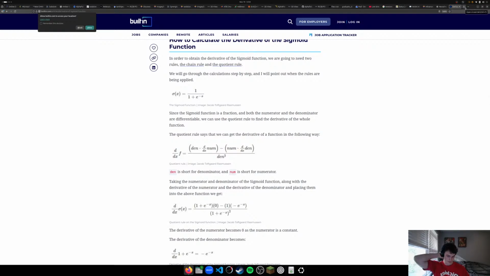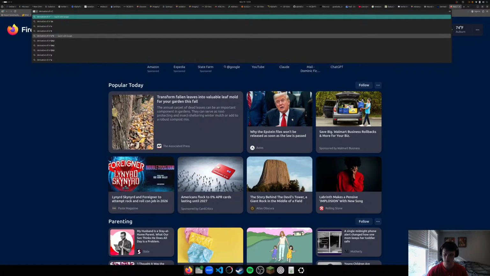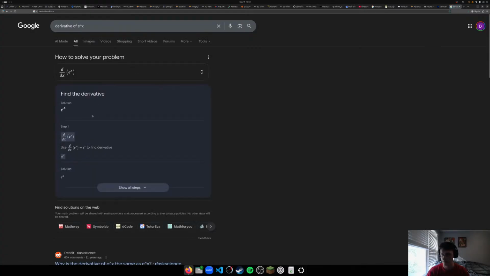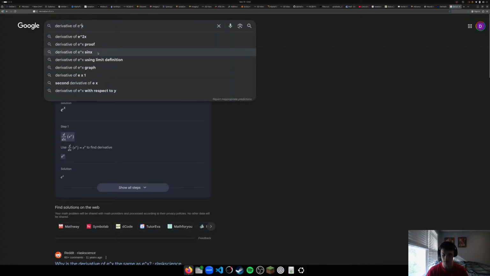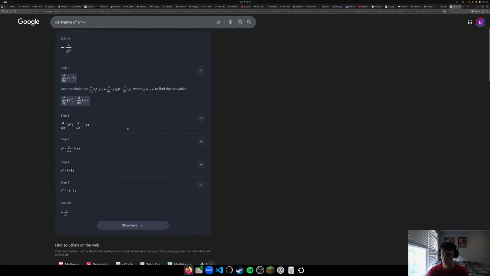Like the derivative of e to the x, or e to the negative x. So this is the chain rule then.